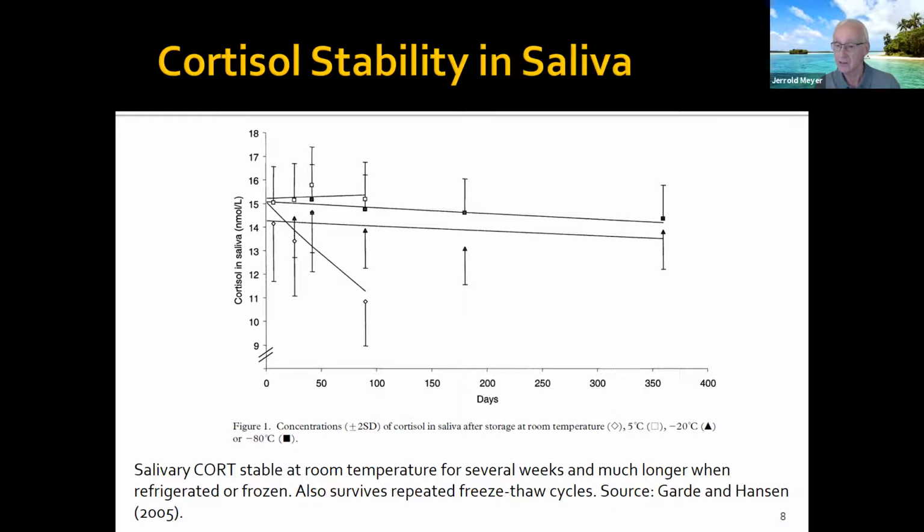You have to redo it, or redo a few samples. So now you have to thaw some of those samples again and rerun them. Did you lose cortisol? The answer is pretty much not. Cortisol survives freezing and thawing a couple of times. So that's an important thing to know, so you don't have to worry too much about rerunning samples after they've been refrozen.